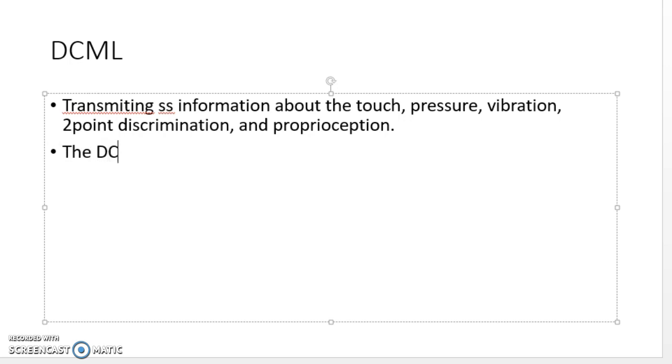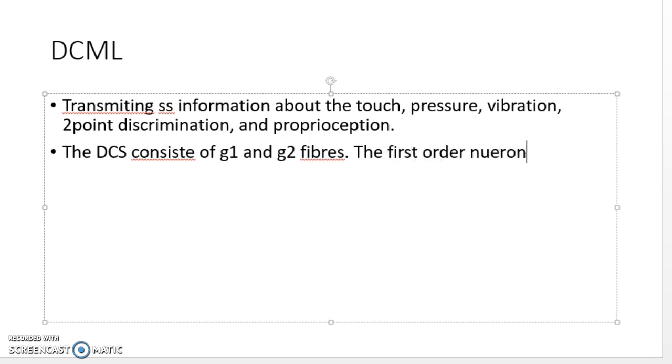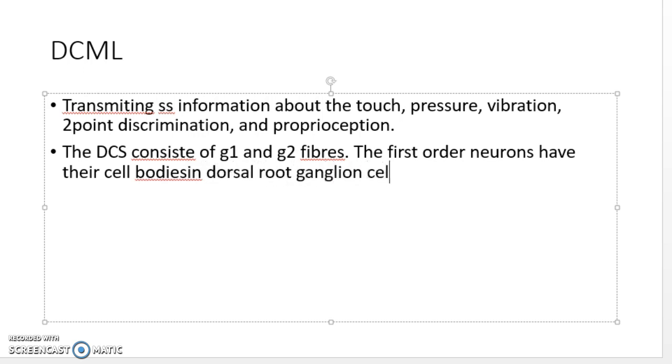The dorsal column system consists of group 1 and group 2 fibers, and the first order neurons have their cell bodies in the dorsal root ganglion cells, or the cranial nerve ganglion.